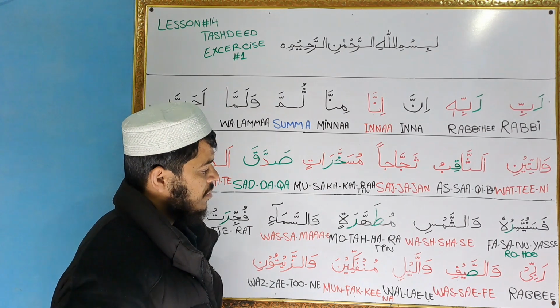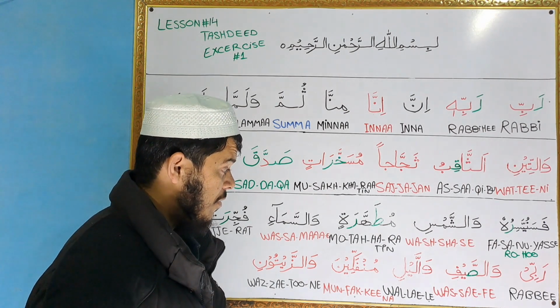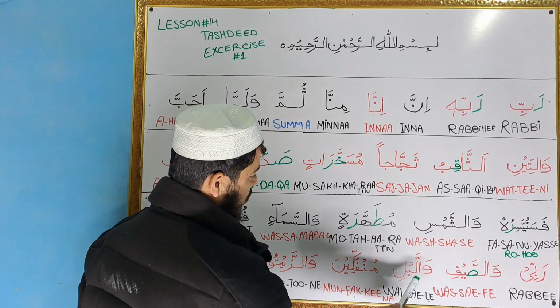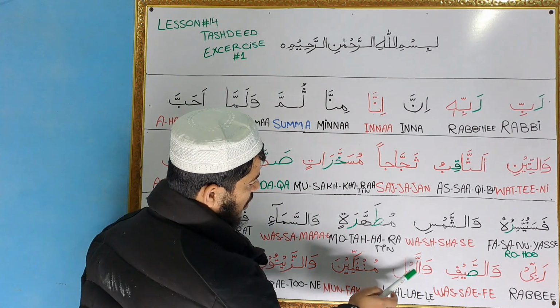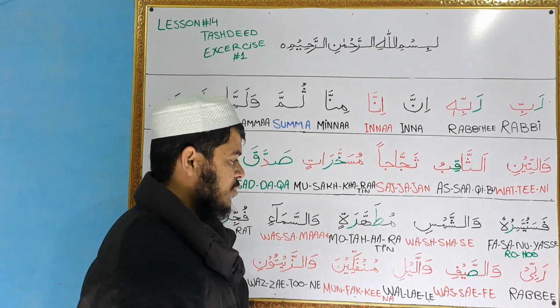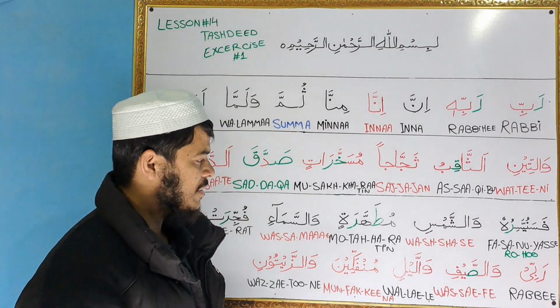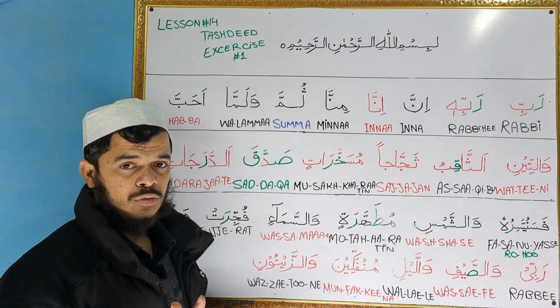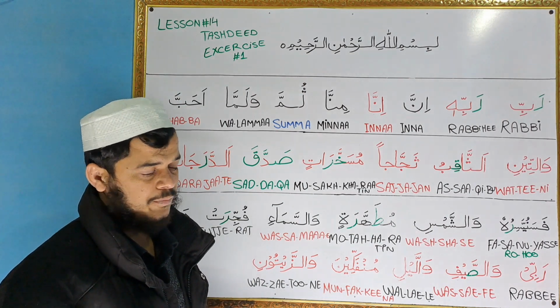is the Tashdeed sign with sukoon sign, just like these words. This is Tashdeed sign and having sukoon sign as well. And there is a third exercise in which two Tashdeed signs come together.